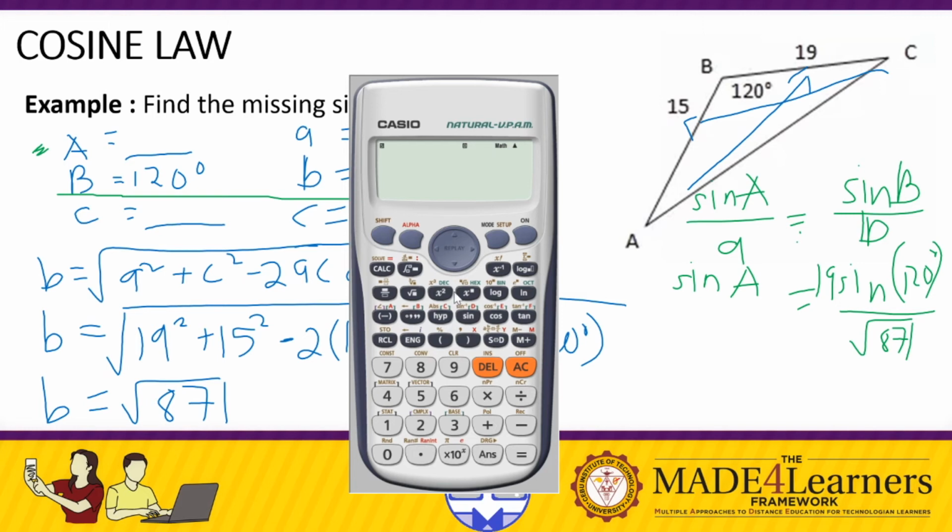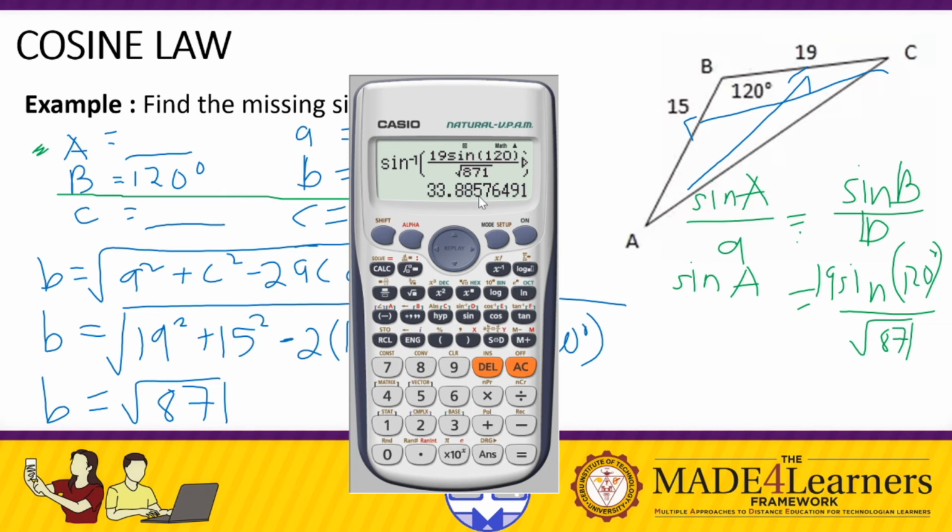Again, we have arc sine because we're finding the angle A. Arc sine, then just copy whatever is at the left side. So we have 19 sine of 120 degrees all over square root of 871. Arrow close equals.